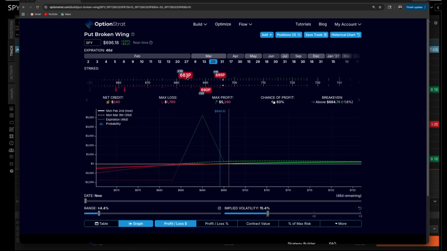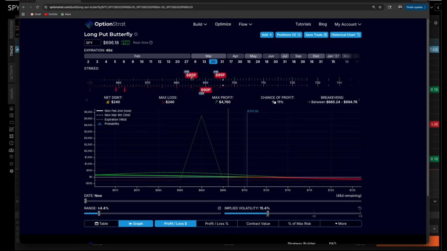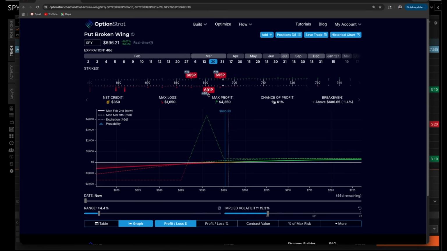So let's go back to the original trade. And let's move the center strike up one notch. And implied volatility is at its original spot. And the T plus zero line is fairly flat, meaning this trade is fairly resilient early on to decreases in price. And let's see what happens if we increase implied volatility.